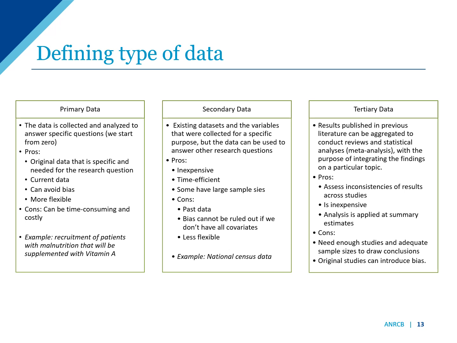However, you need enough studies and adequate sample sizes within those studies to draw conclusions when you're doing a meta-analysis. The original studies can introduce bias that will then bias your tertiary data study.